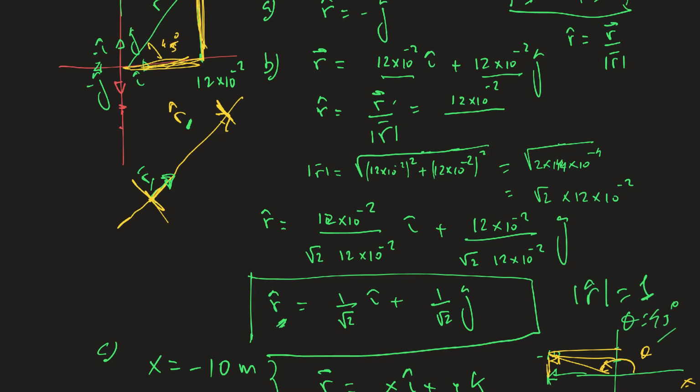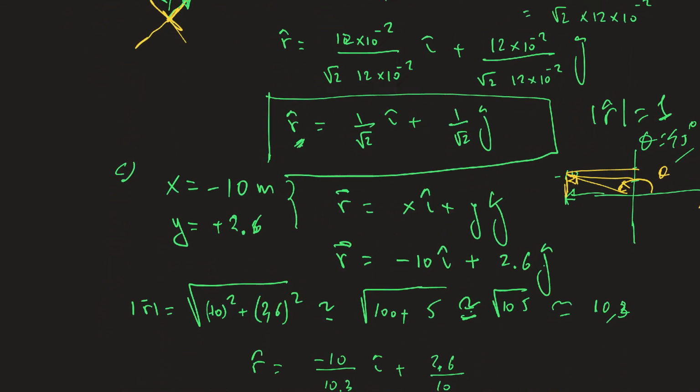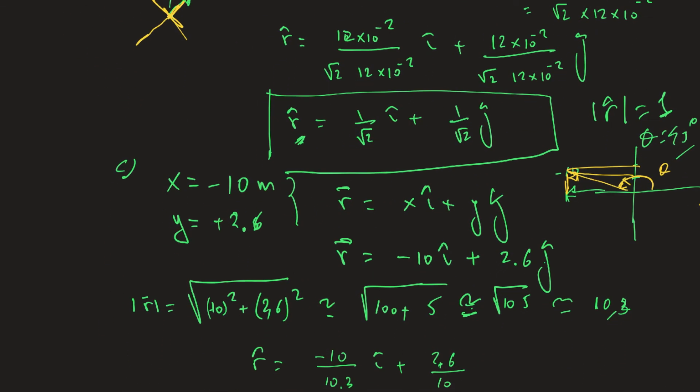And the next part is when you change the point. So now you change the point. The position is x equal minus 10 and y equal 2.6. So the vector r will be this vector r. The magnitude of the vector r you calculate. I'm not going to calculate.